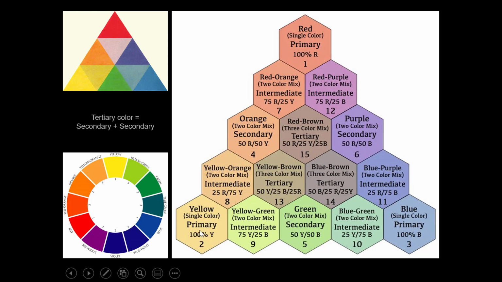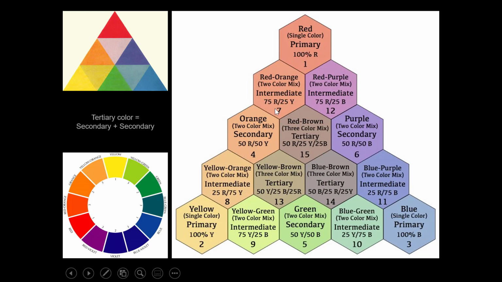When we look at a pyramid, we still have our primary, red, yellow, blue, labeled 1, 2, and 3, because apparently the person who makes this chart likes red more than blue, whatever. And then you can see that if I mix 100% red with 100% yellow, I get orange, which theoretically is 50% red and 50% yellow. These are our secondary colors.